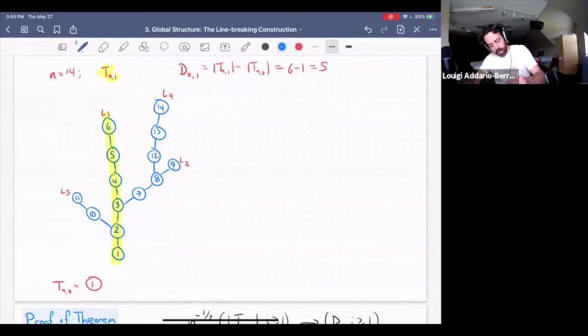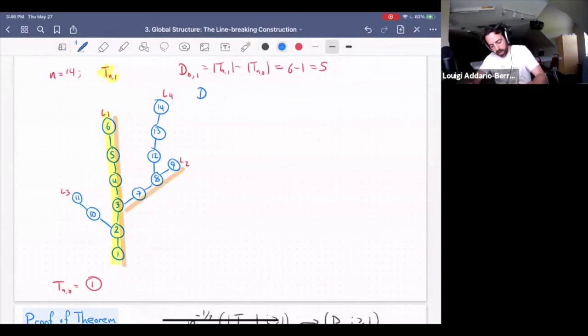And so what's Tn2? Tn2 would be the tree that has these nodes and these nodes. So it's spanned by the root, and you take the two smallest leaves now, 6 and 9, and look at their paths to the root. That gives you the tree Tn2.